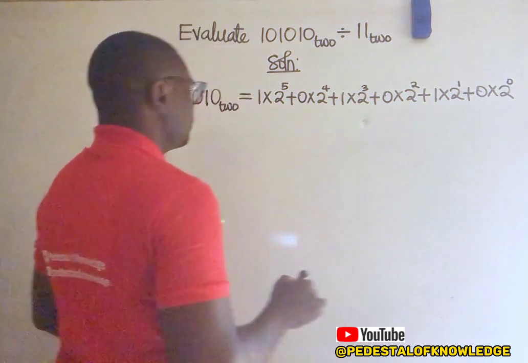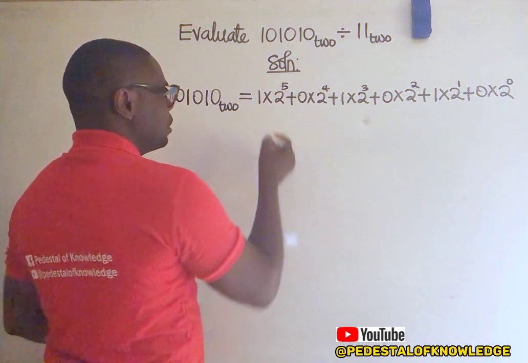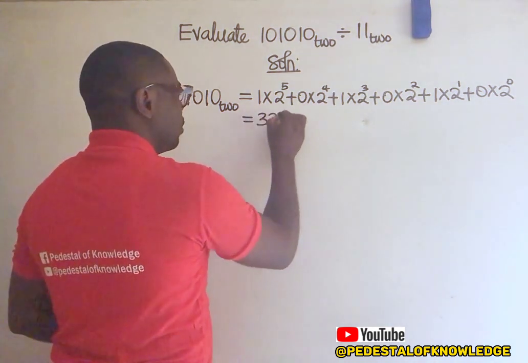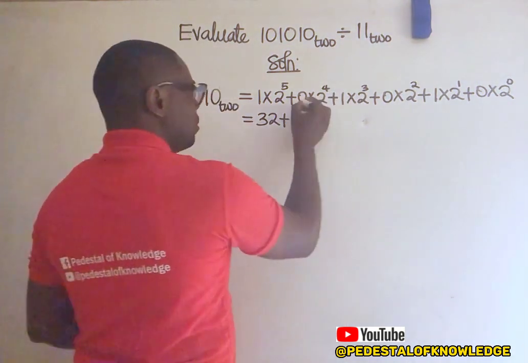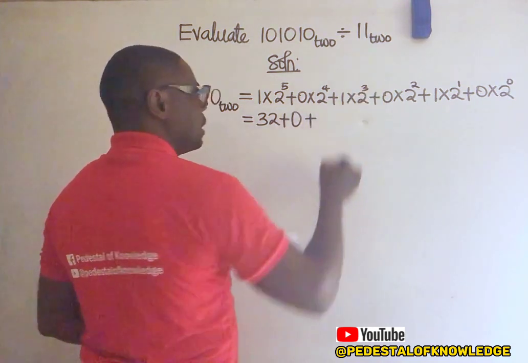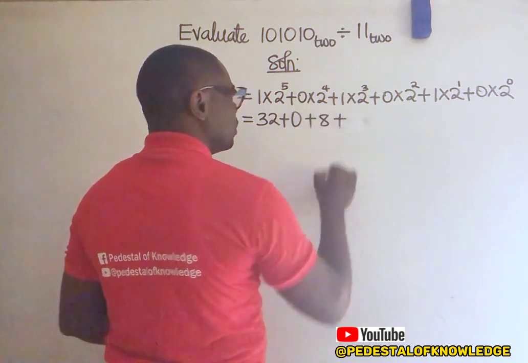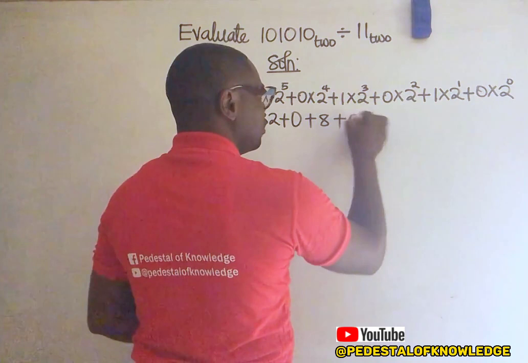Now, 2 raised to power 5 is 32. 32 times 1 is equal to 32. Plus 2 raised to power 4 is 16. 16 times 0 is 0. Plus 2 raised to power 3 is 8. 8 times 1 is 8. Plus 2 raised to power 2 is 4. 4 times 0 is 0.